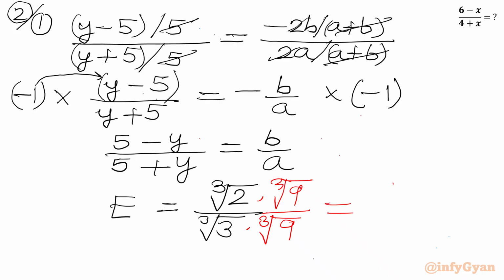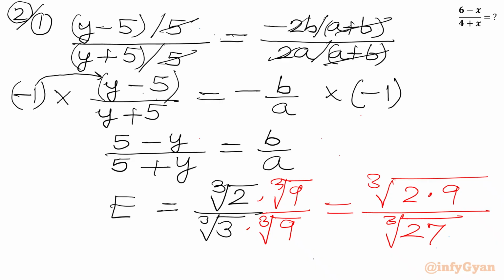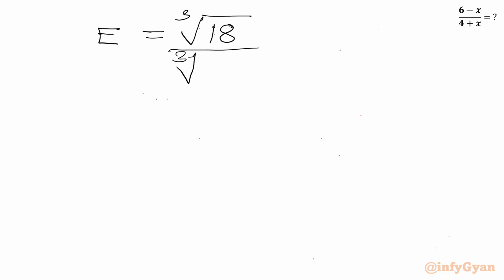So we will be getting cube root of 2 times 9, which is 18, over cube root of 27. I will write here expression E equal to cube root of 18 over cube root of 27. We can write 27 as 3 cube. Now cube root and cube will be over from the denominator. We will get expression E value cube root 18 divided by 3.